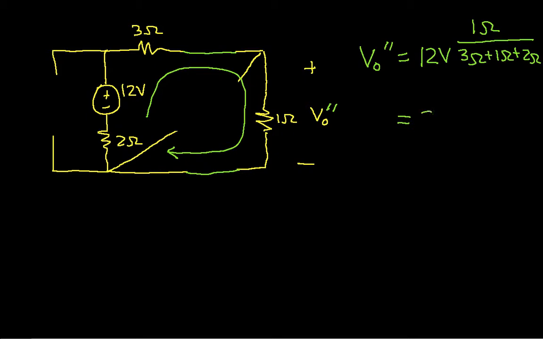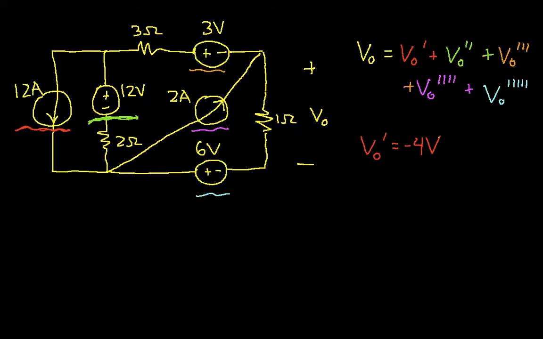I'm multiplying that by 12 volts, so that gives me 2 volts. So the output voltage due to my 12 volt source is 2 volts. Let's go back to our original window and write this down. V0 double prime is 2 volts.